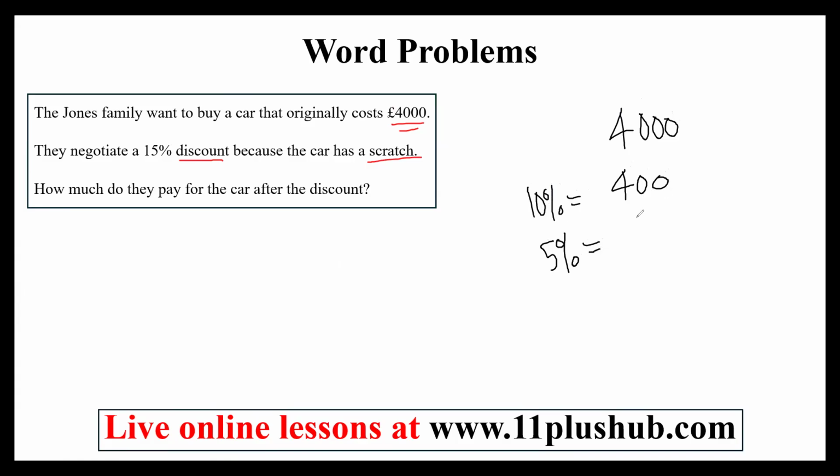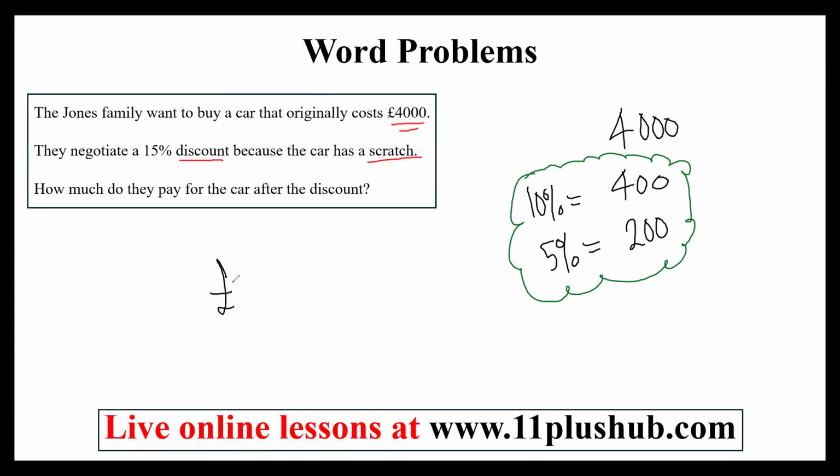So I need to find half of 400, which is 200. Now, I have enough information on the screen to find 15% because I found 10% and I found 5%. So if I combine them both, I get 15%. Okay, so what's 400 plus 200? That's 600 or £600.